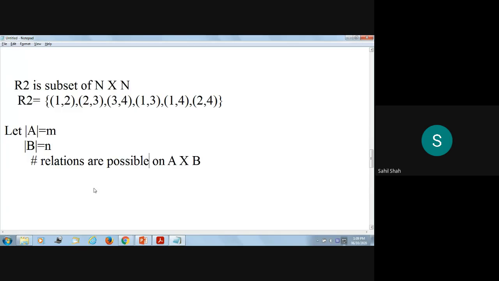I must be specific: the number of binary relations possible on A cross B. I will give you 2 minutes for thinking on it. I want answers from your side. Otherwise, I can give you the answer, but if you give it, it will be more comfortable. How many binary relations are possible on A cross B? Maximum.